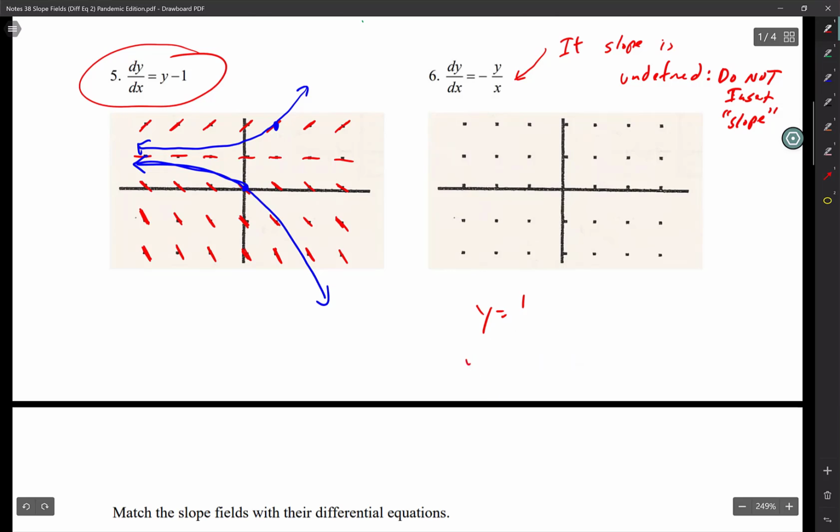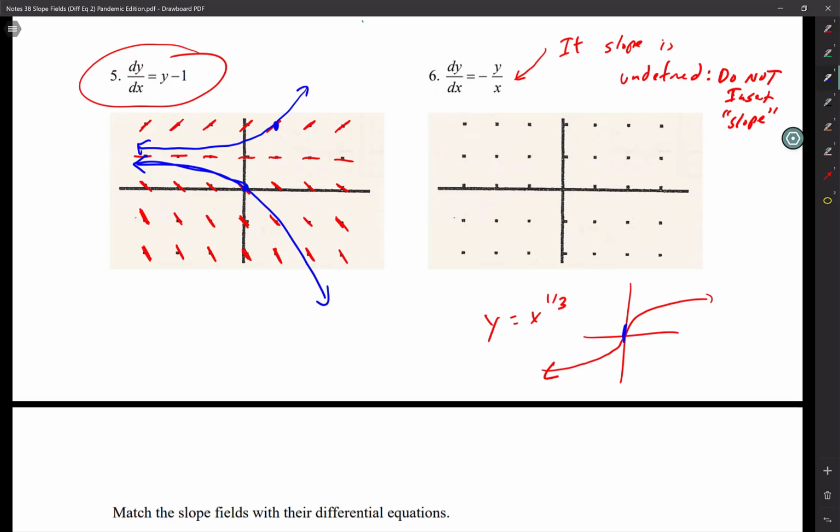He's not wrong, because there are some curves. What if you have y equals x to the 1/3? Do you know how that curve looks? It's the inverse of y equals x cubed, so the curve looks like this. That one does have a tangent right there, a vertical tangent, an undefined tangent.